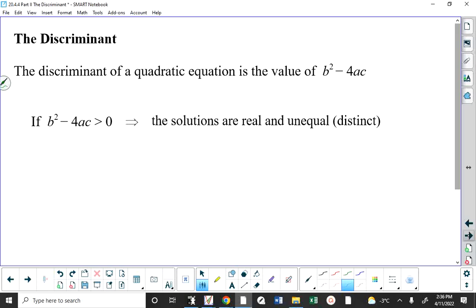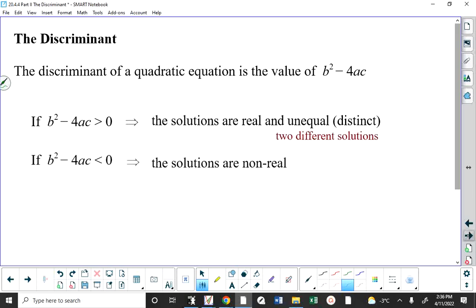If it's greater than 0, then what we say in math, what the math people say, is the solutions are real. They're real numbers. And they're unique, which means they're different. They're not identical. So what does this mean to us? What it means is this. There's 2 different solutions if the discriminant is greater than 0.